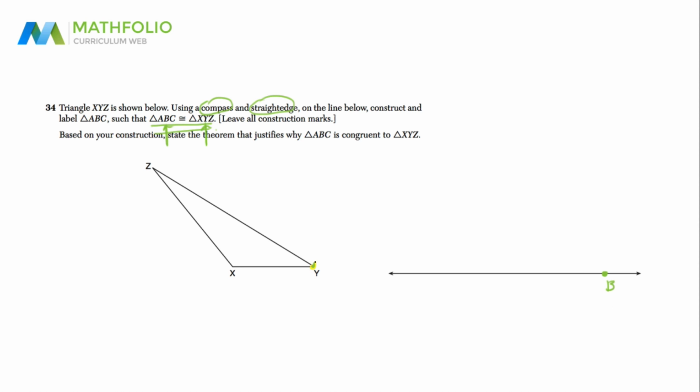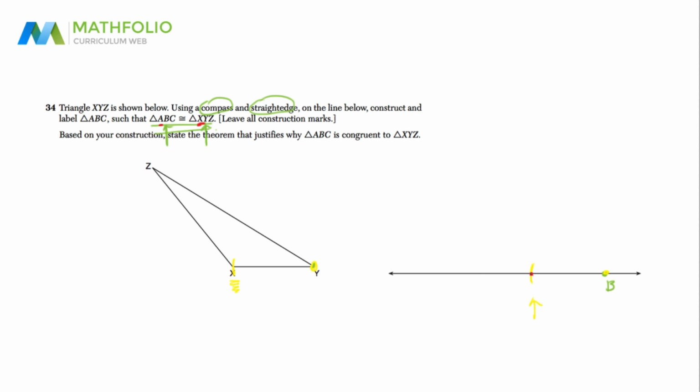We put our point on Y and we open it up as far as X. Then we bring our compass back, we put the point on B, and then we do not close the compass. You just make the same arc that was made over here where X is, but you put it right here. Now I'm going to label this. This X is the first letter up here, so it's going to match with A.